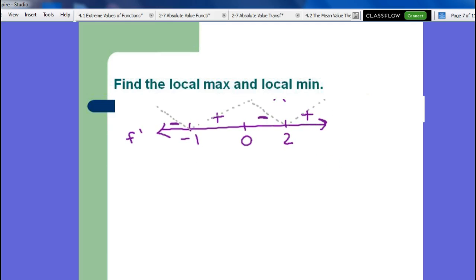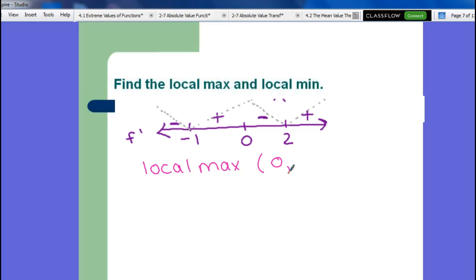So, let's go back to talking about the original. And we kind of already talked about this. I hinted and I said, hey, what's that showing you? Well, it's showing you that you would have a local max at 0. Don't fall for the trap. Where do I plug that 0 back in?